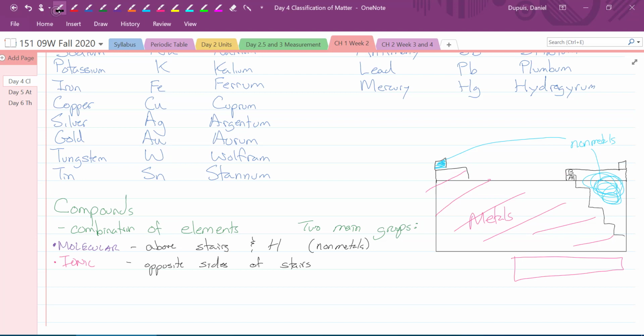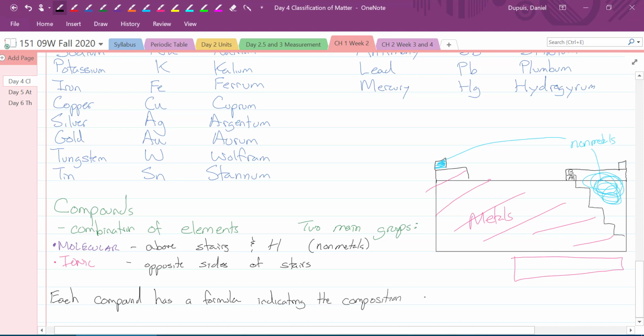Now, each compound has a formula indicating the composition of the compound.